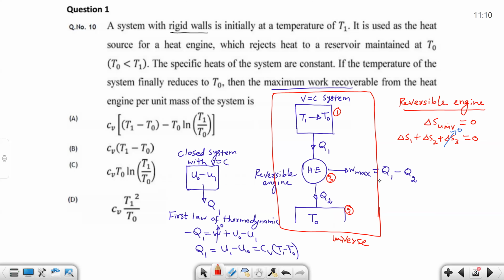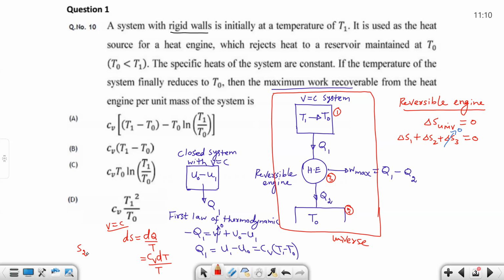So the system 1, it is losing entropy. Entropy change for a closed system, maybe you know that ds equal to dq by T. So dq for a constant volume is Cv dT by T. So it's a constant volume, so volume constant. So dq is Cv dT.